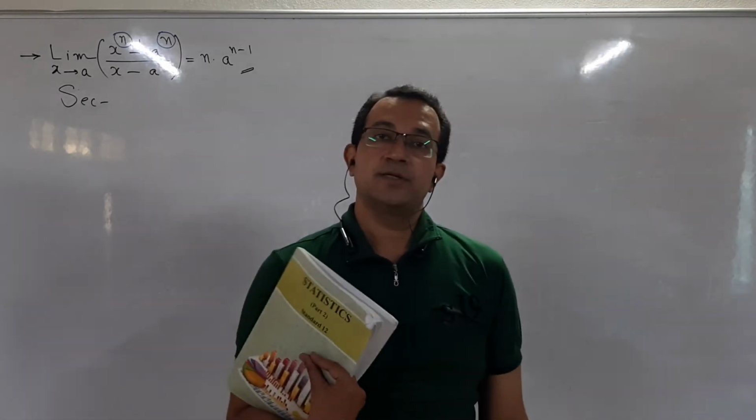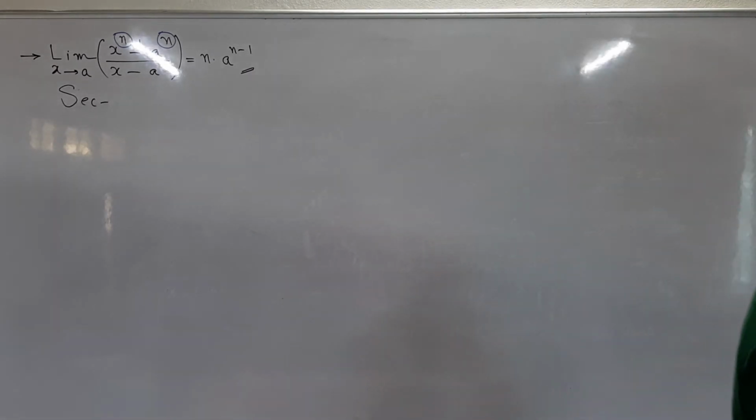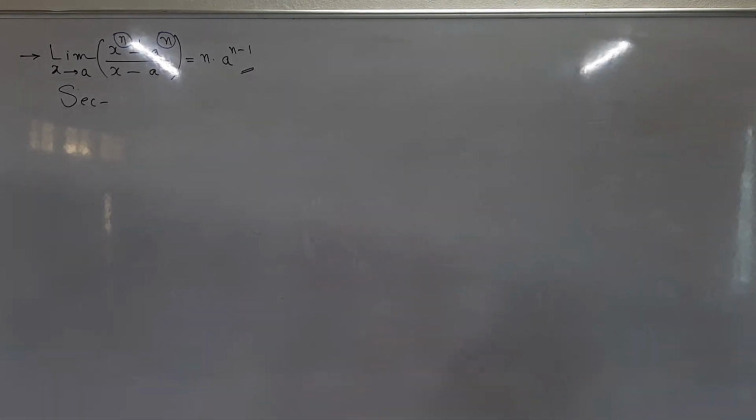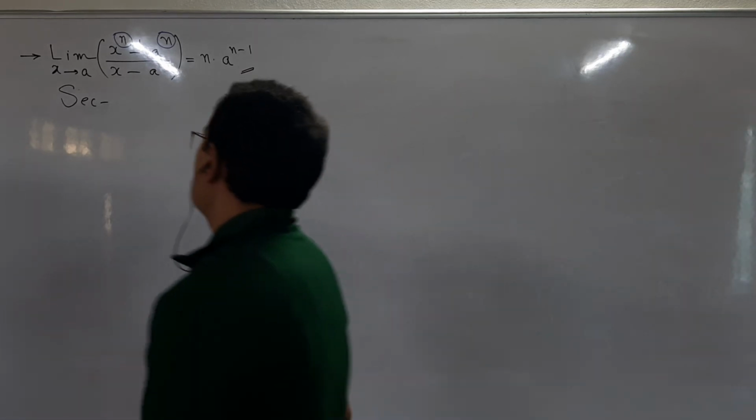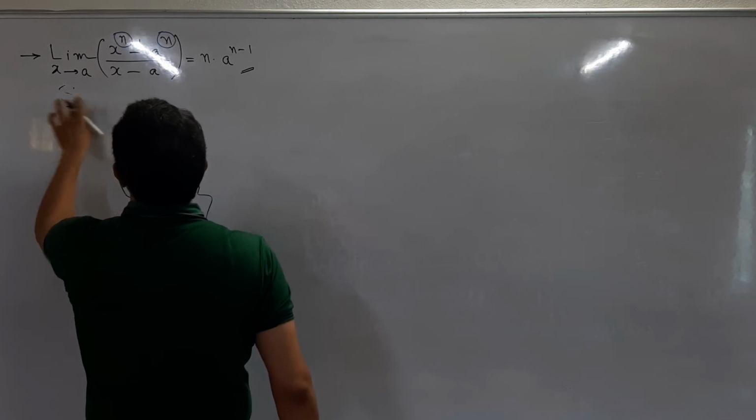Now here, for most of the sums, I am reiterating that I am going to give a new formula, and that formula, students, all of you have to very carefully understand. Let us derive the formula before starting section D, sum number 12.